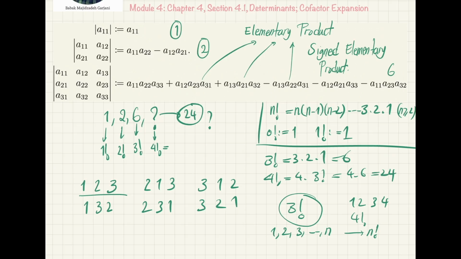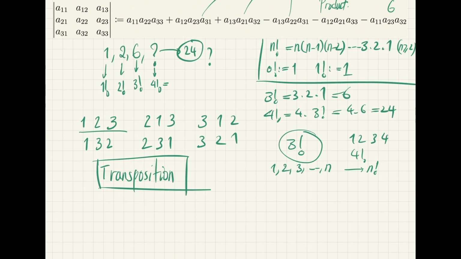To do this, we first introduce an operation that acts on a permutation of 1, 2, 3 up to n. The operation that I am talking about is called a transposition. So this is a technical term, transposition. By its definition, when a transposition is applied to a permutation, it swaps the positions of exactly 2 members in that permutation, leaving all other ones intact.